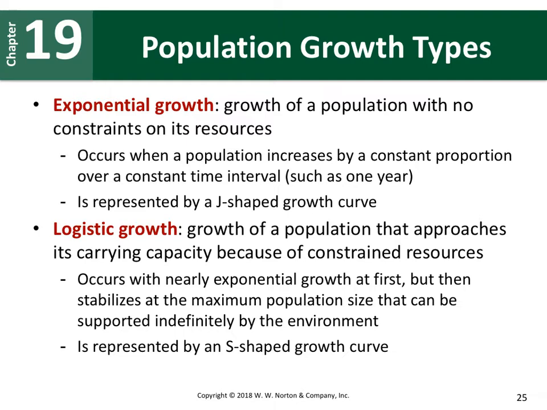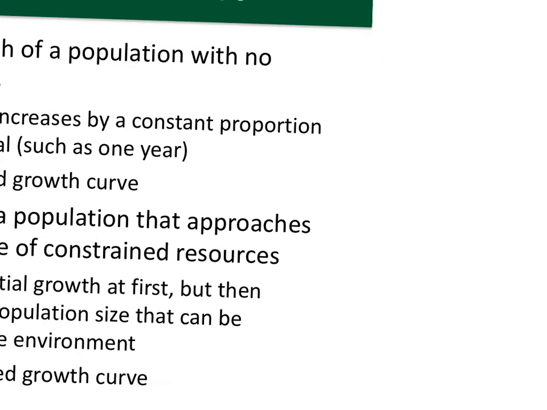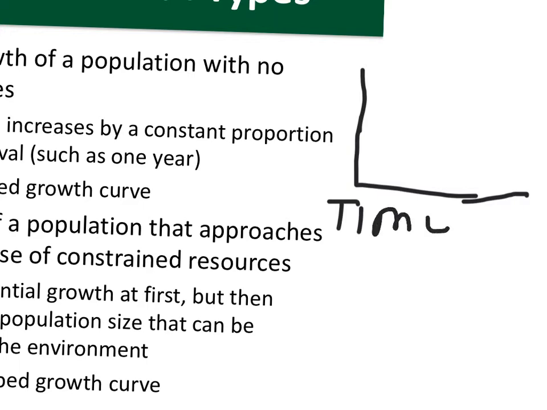Okay. So when a population has more than enough food, on the bottom here is time, and on the y-axis is number of individuals.